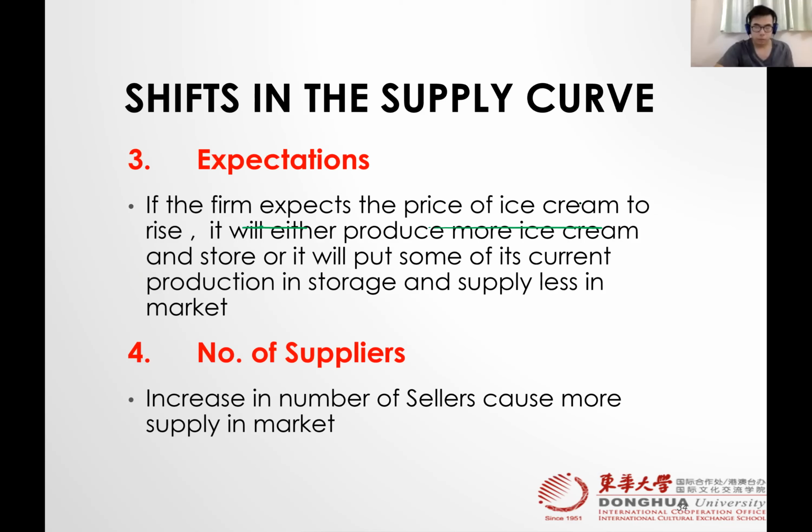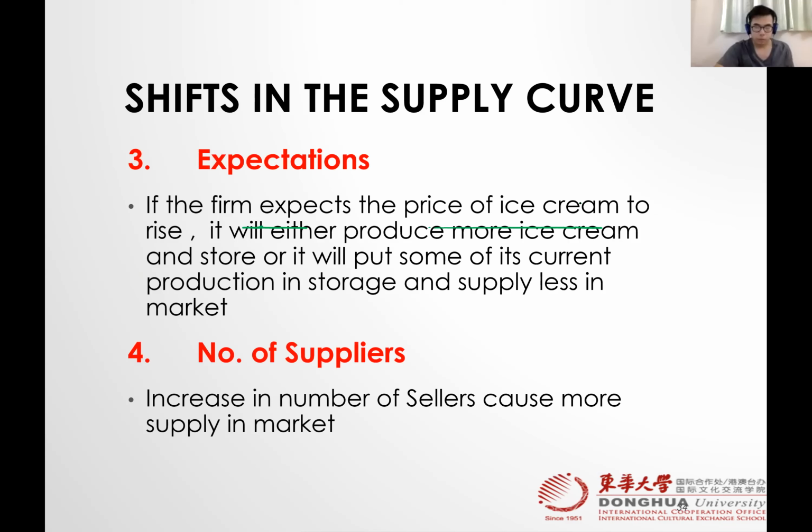You don't supply right now, and when the price increases, then you send it to the market. Understand? So right now you will supply less in the market, produce more and store it, and when the price increases in the future, you sell. But right now supply decreases.